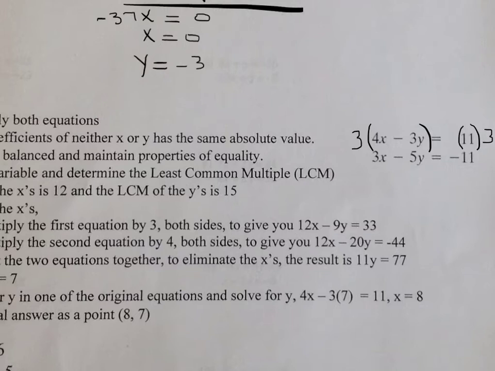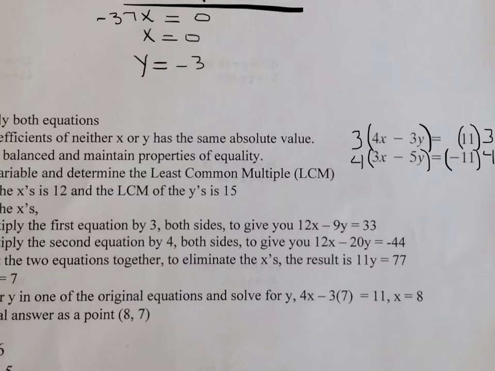And then instead of multiplying this equation by 3, we multiplied it by 4. Now when you do that, you see that you get 12x here and 12x here, which gives us these brand new equations. And then you have to think to yourself, well, how do we eliminate these x's?